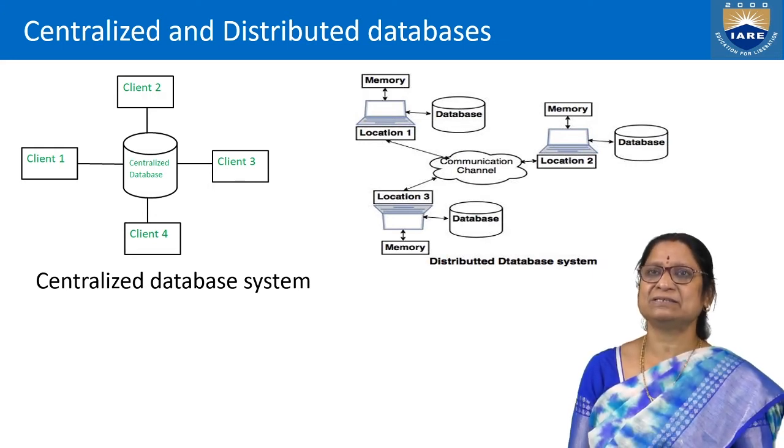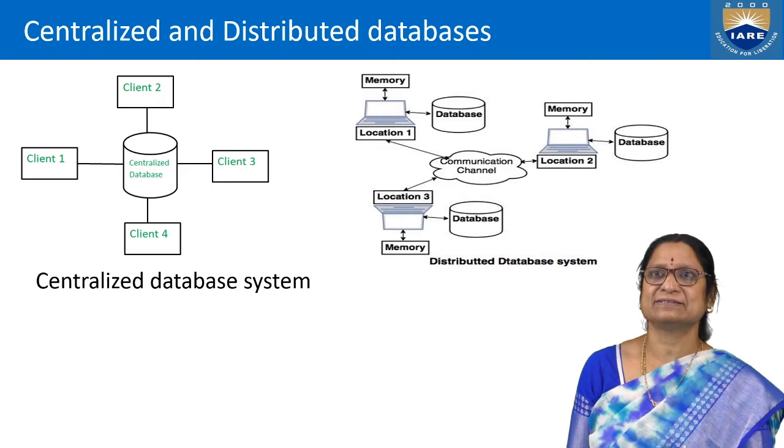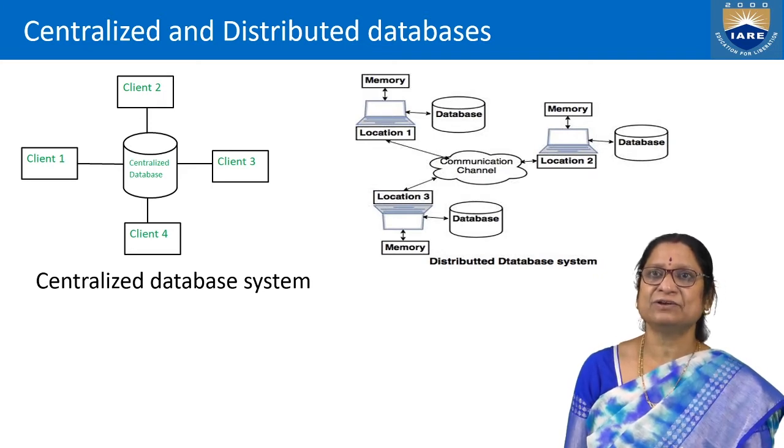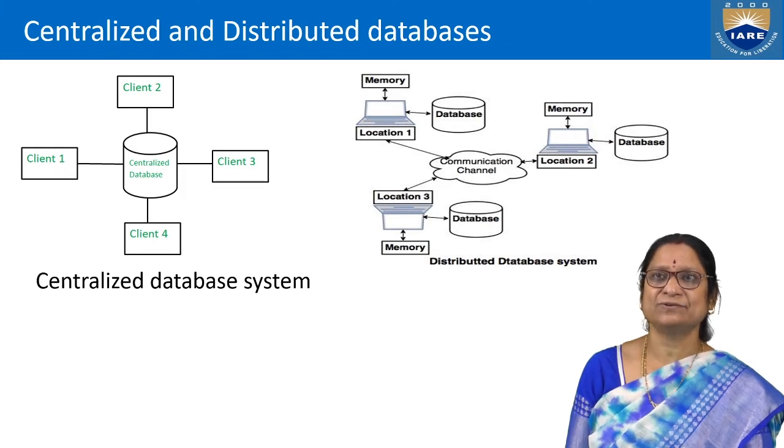This is one of the best examples of distributed databases. For a centralized database, we can consider our organizations, such as an educational institution. The data is stored at one location, and all users, students, faculty and administrative staff, use this data. This is an example of a centralized database.